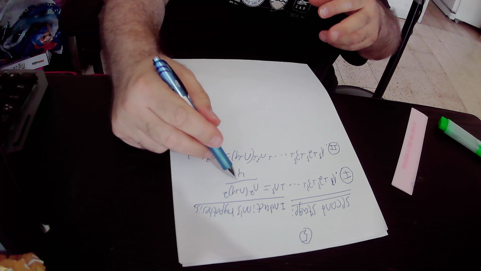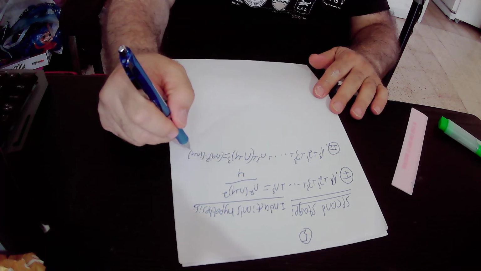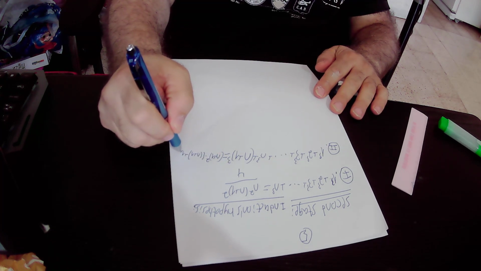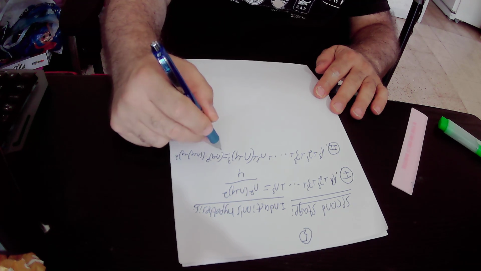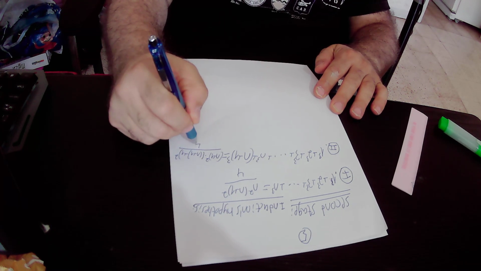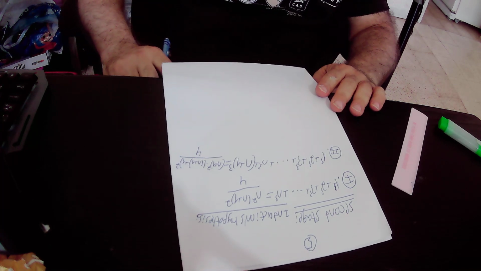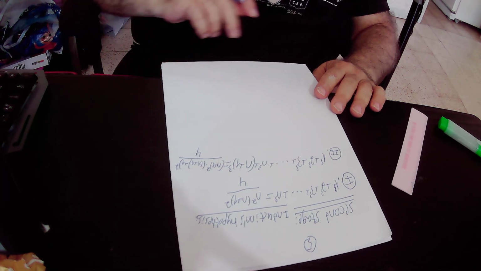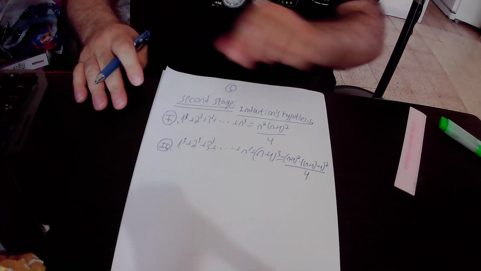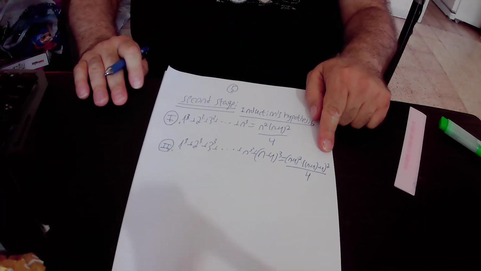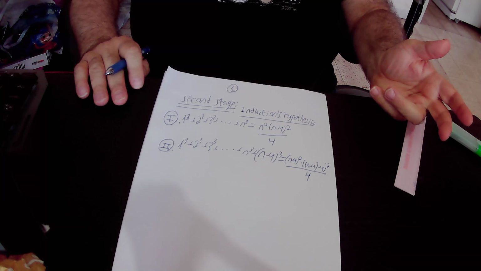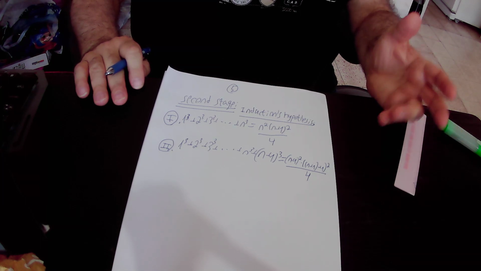So it will be n plus 1 plus 1, all divided by 4. Okay, so here, as you can see, it is n plus 1 plus 1. That is, of course, n plus 2. So we will write it down.